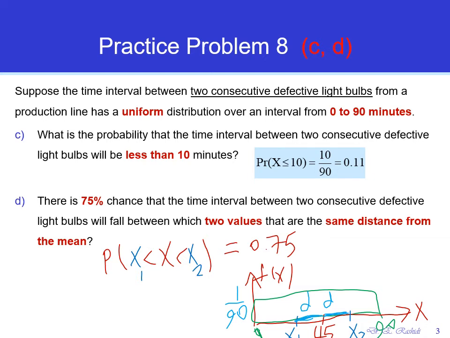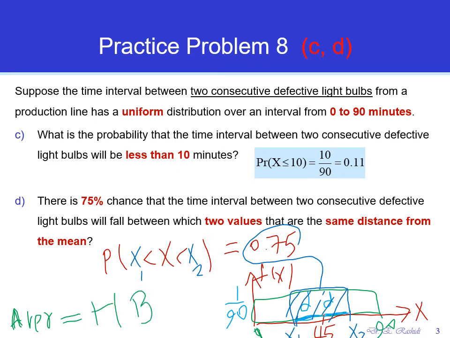We know that the probability that x is between x1 and x2 is 75%. That means the area between x1 and x2 is 75%. So what is the area of this rectangle? The area is height multiplied by base. Height is 1/90 multiplied by base.